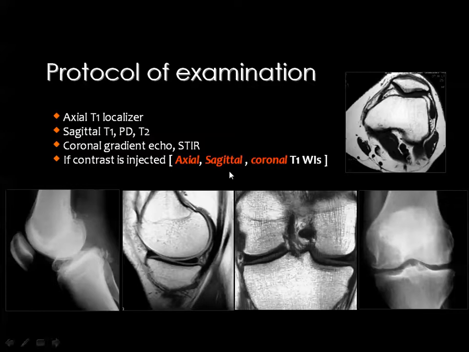Then we should have the sagittal, the axial, and the coronal scanning using the available pulse sequences, including T1 and T2 weighted images. It's very important to have the proton density imaging while scanning the knee in particular, and the stir images are also important for evaluation of most of the musculoskeletal abnormalities.